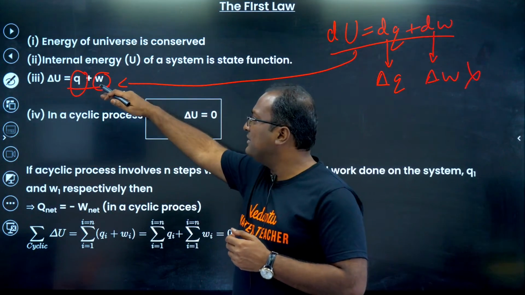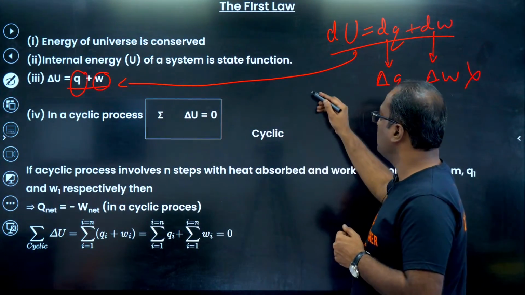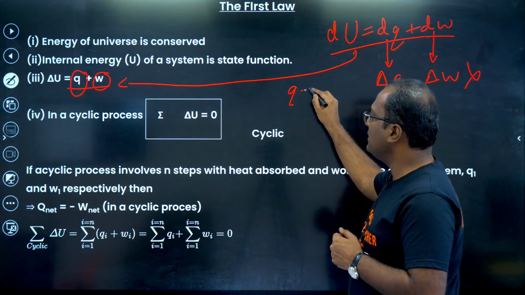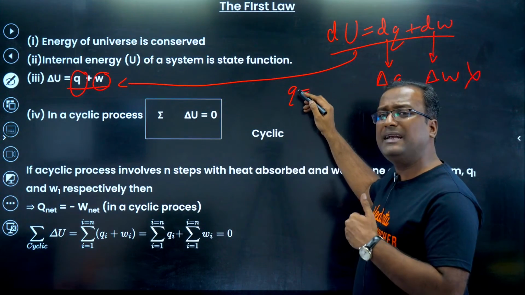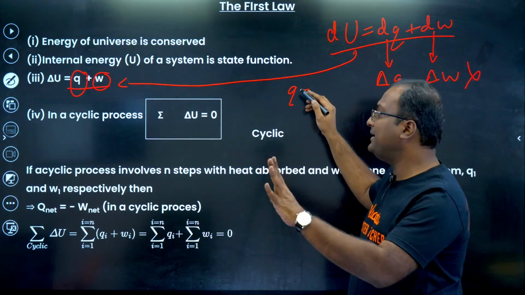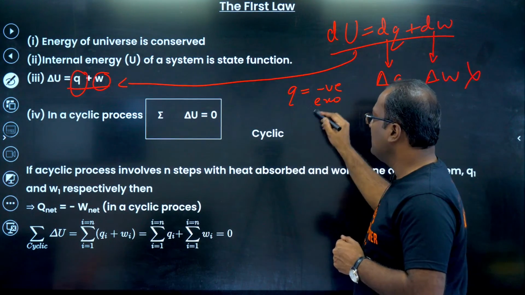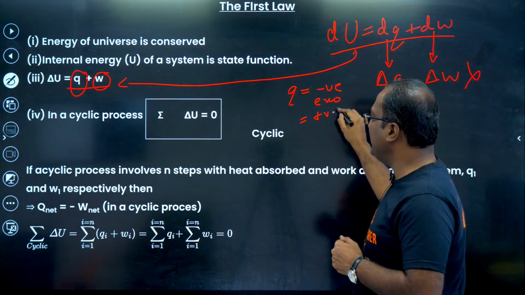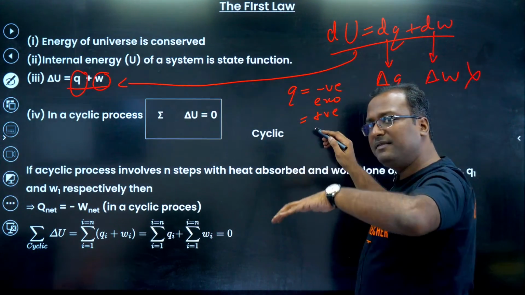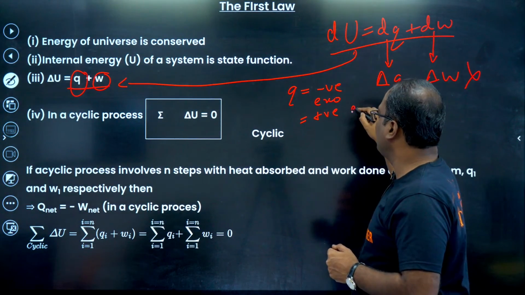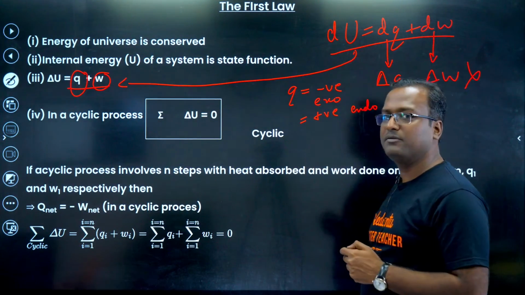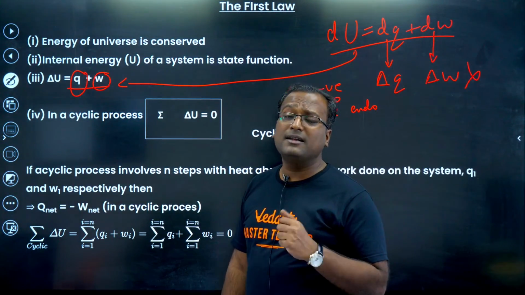Now here itself I'm going to talk about the sign convention also, guys. When the system is emitting heat, when it is liberating heat, it is negative and we call it exothermic. When it is absorbing heat, that is, heat is incident on the system, then we say it is endothermic and positive. Similarly, work done.